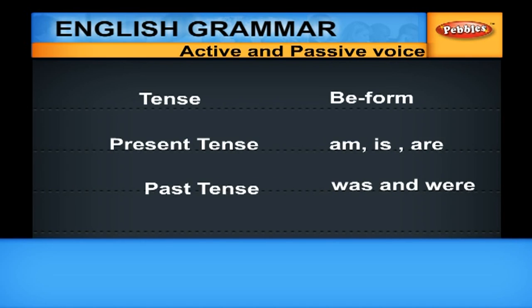You have to include the be form of auxiliary. In between, you have to insert being. The be form auxiliary can be am, is, or are in the case of present tense, and was and were in the case of past tense.